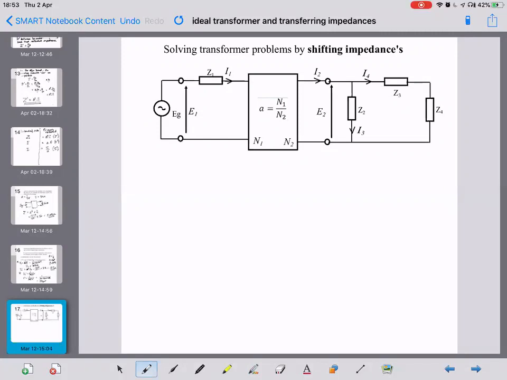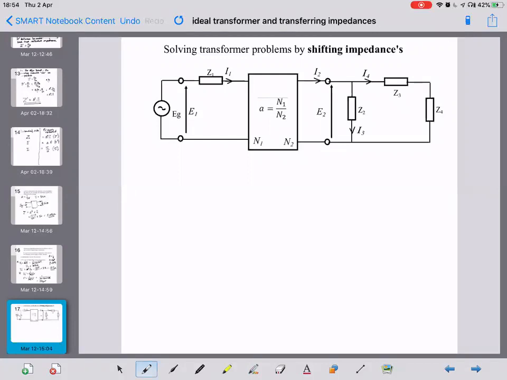This is preempting some of the calculations we'll want to do for the real transformer model. And then we've got 3 impedances connected to the secondary side. If we wanted to solve this problem, let's go through the method.